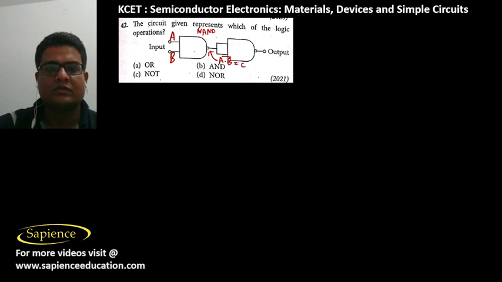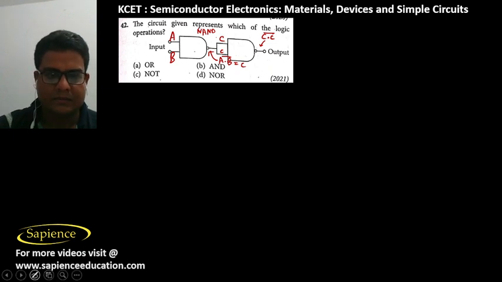Let's suppose this is equal to C. Here both the inputs are C, so this output will be (C and C)'.